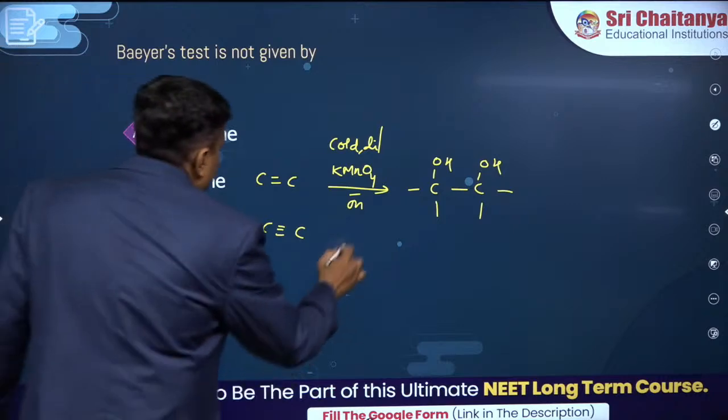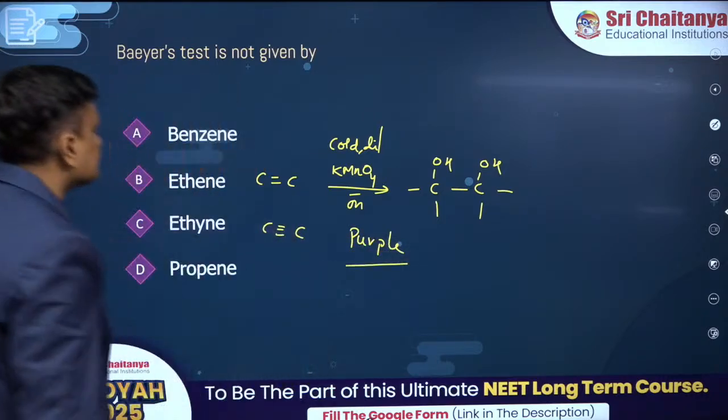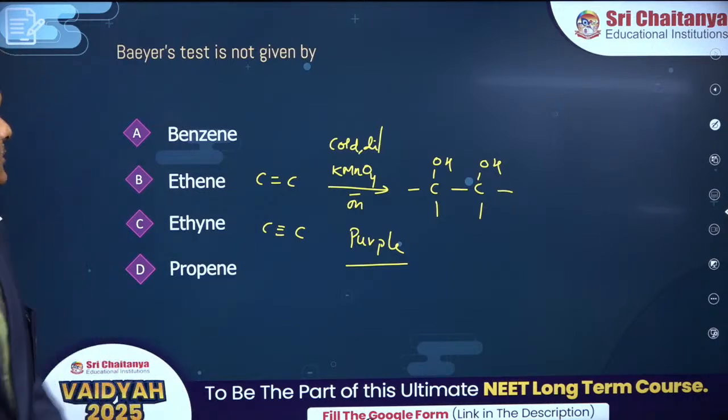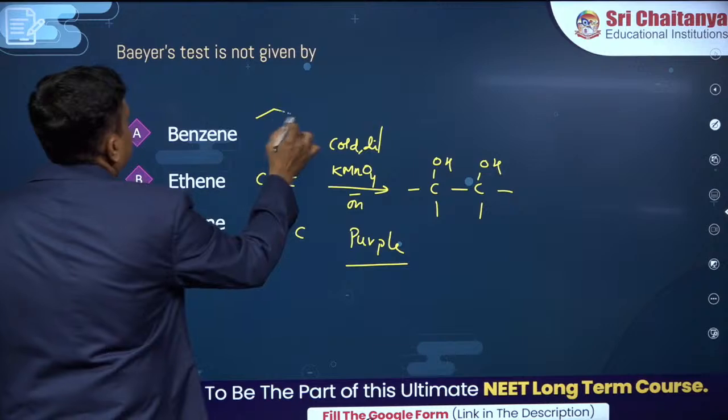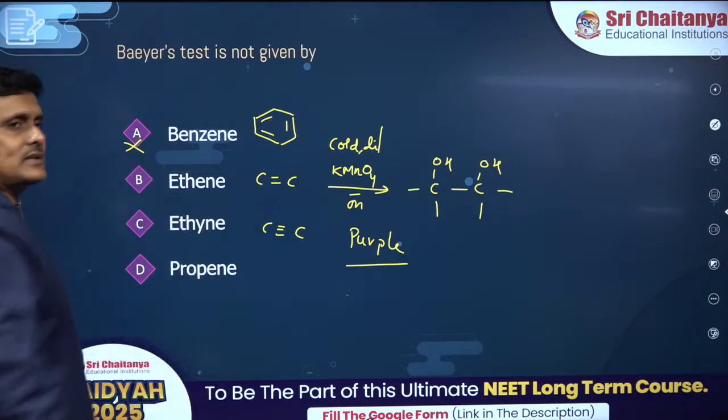So you know that the purple color of this will disappear. This is given by alkenes, but not benzene, because benzene loses aromaticity if it undergoes the addition reaction. So it's not given by benzene.